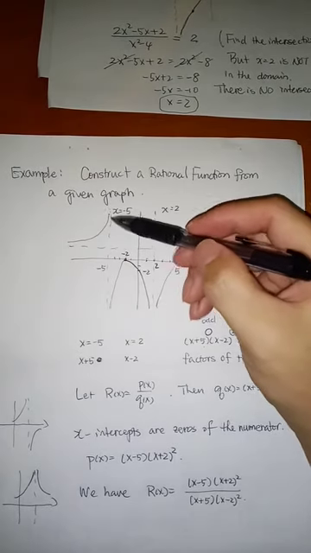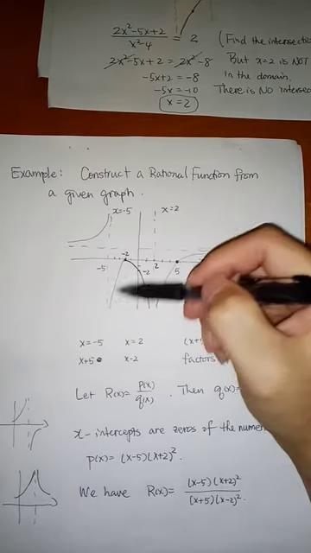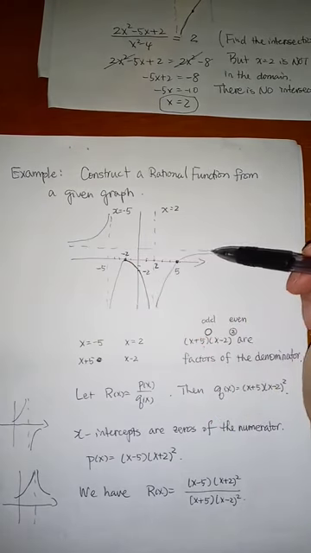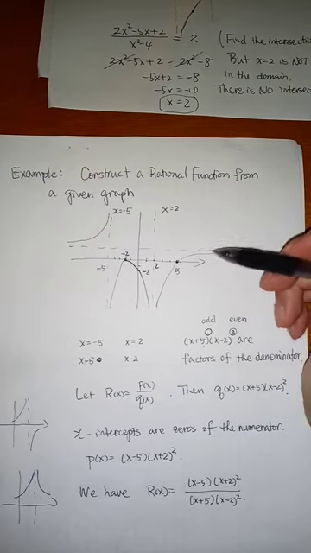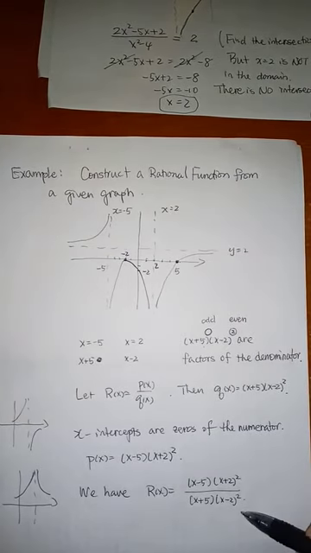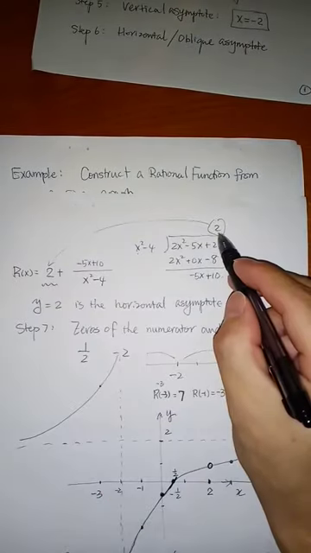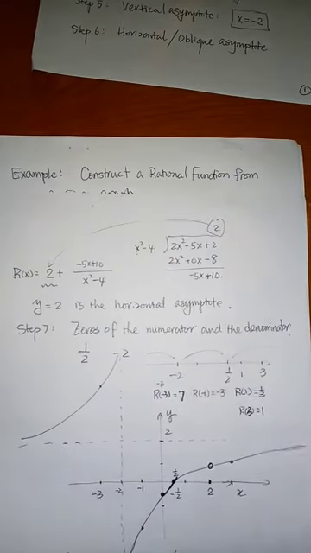We have studied the vertical asymptote and the zeros. We still haven't studied the horizontal asymptote. Horizontal asymptote means when you divide the numerator by the denominator, the quotient should be a number.